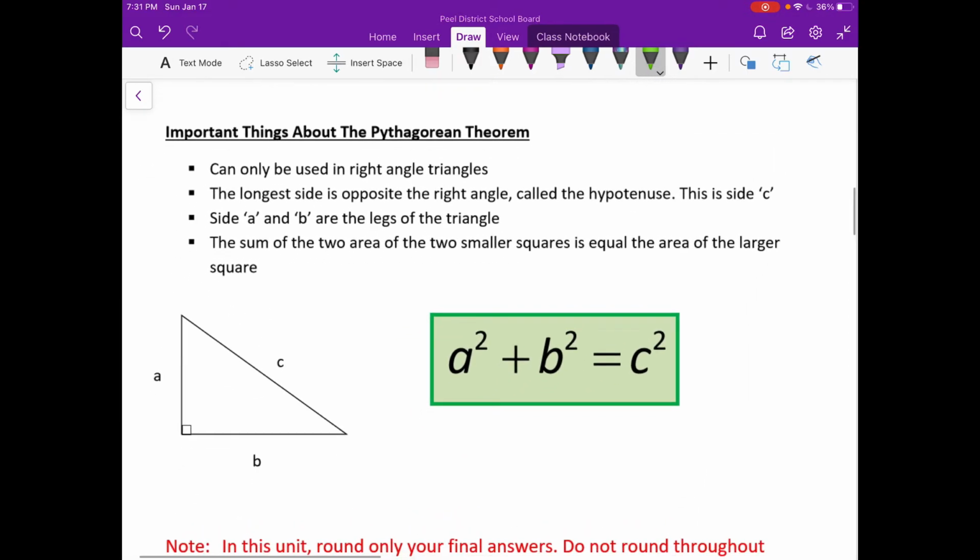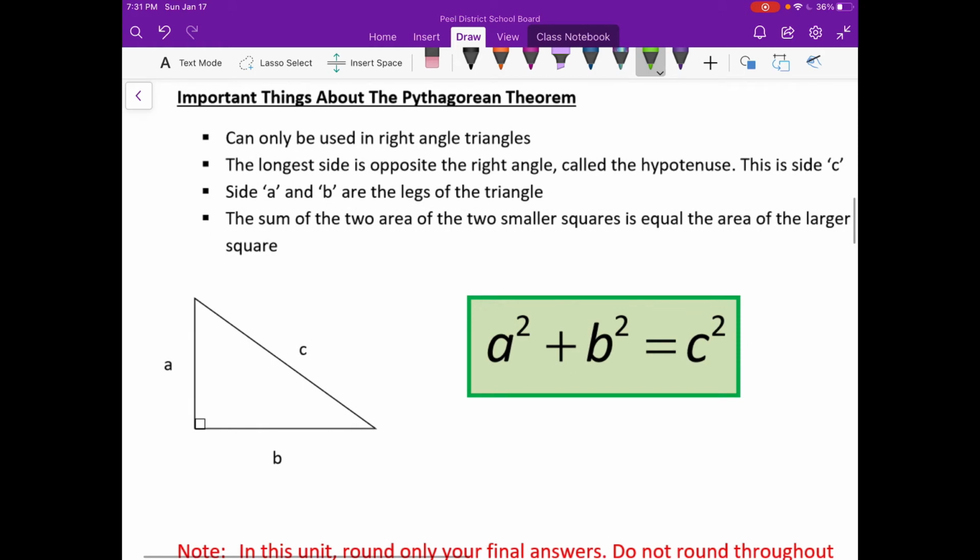This lays the basis for something called the Pythagorean theorem, right? So the Pythagorean theorem basically states that if you have 3 sides of a right triangle, and you have side A and side B, which are perpendicular to each other.